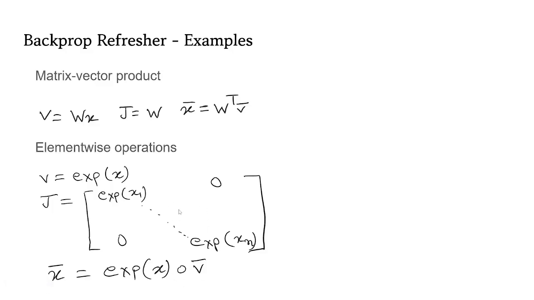This example is quite good because it shows that we don't really form this Jacobian matrix explicitly. Rather, we do the computation of J transpose times v bar implicitly in a simpler way.